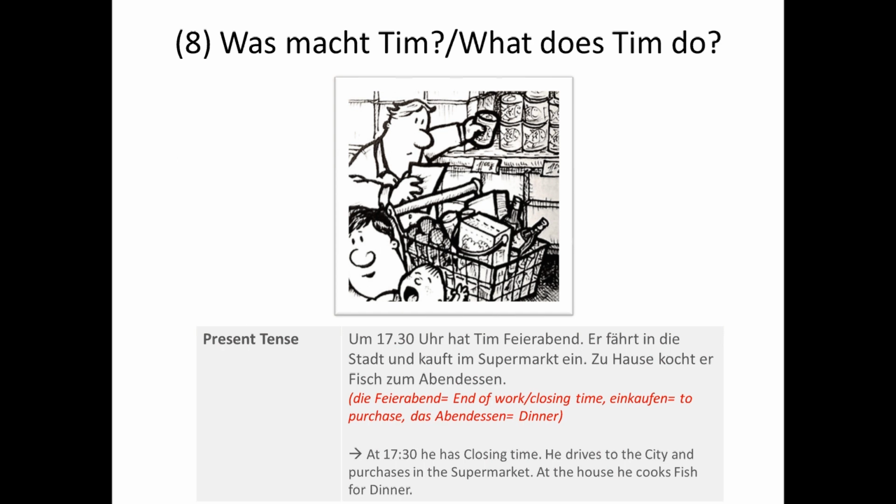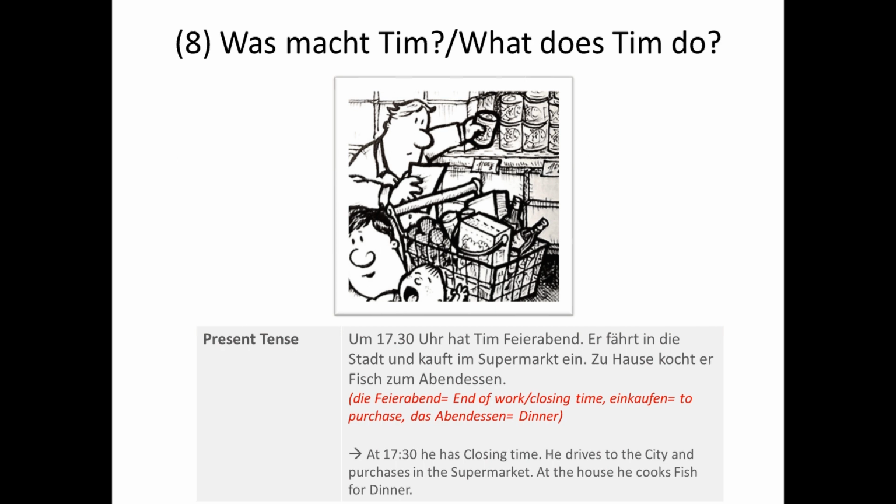So at 5:30 he has his closing time. Then he goes home. Fährt in die Stadt und kauft im Supermarkt ein. Fährt in die Stadt: he drives back to his city, und kauft im Supermarkt ein.